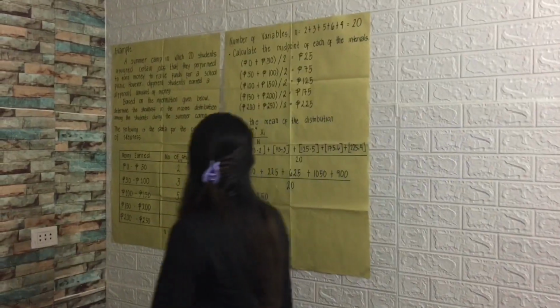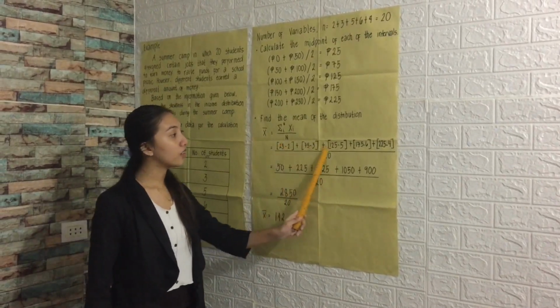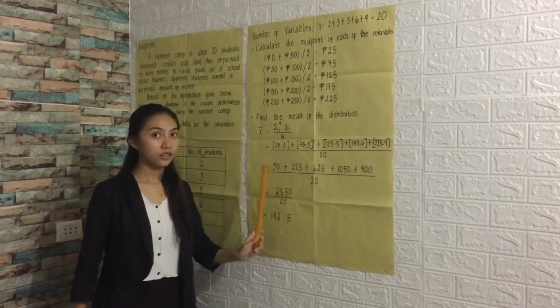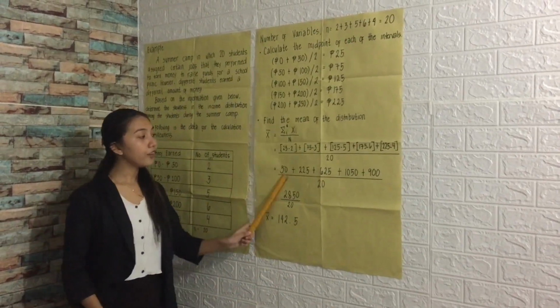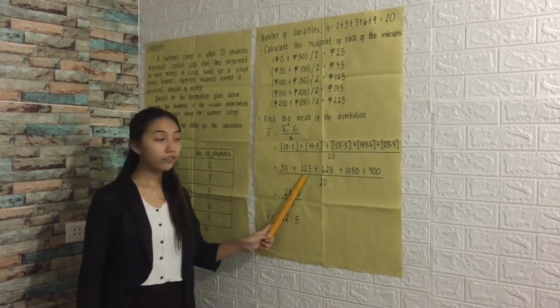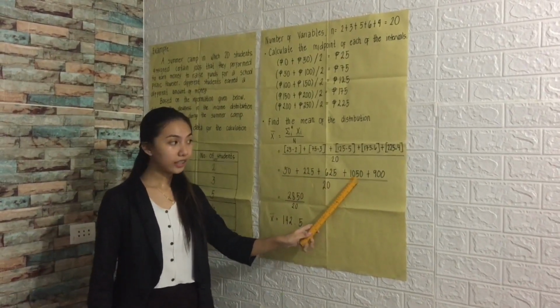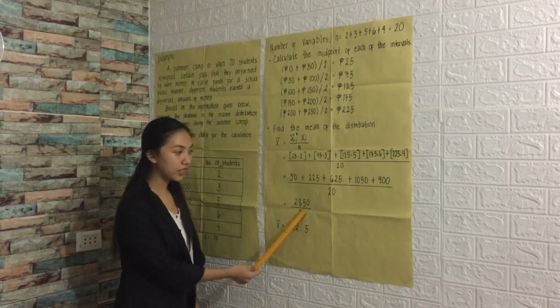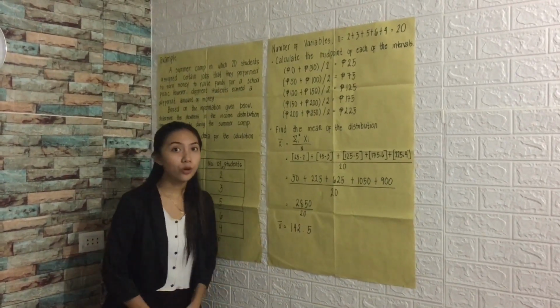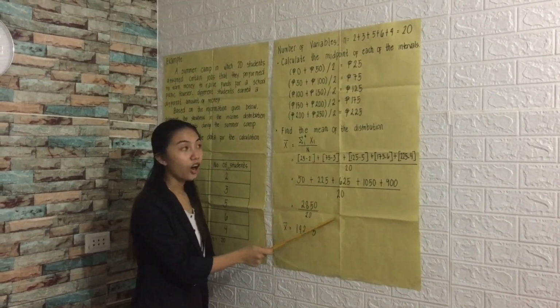So now, we will add all the results here, which is this one. So we will add 50 plus 225 plus 625 plus 1050 plus 900, which is equal to 2850, and we will divide it by 20, which is the n.